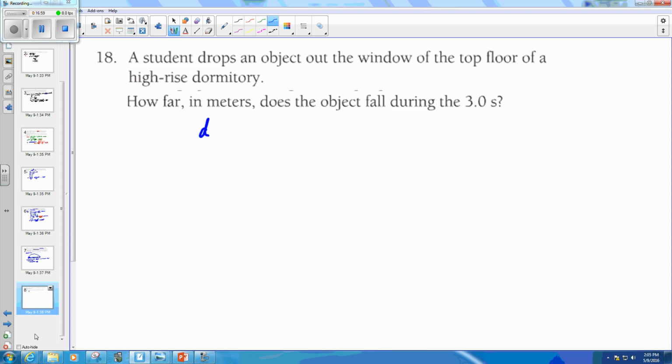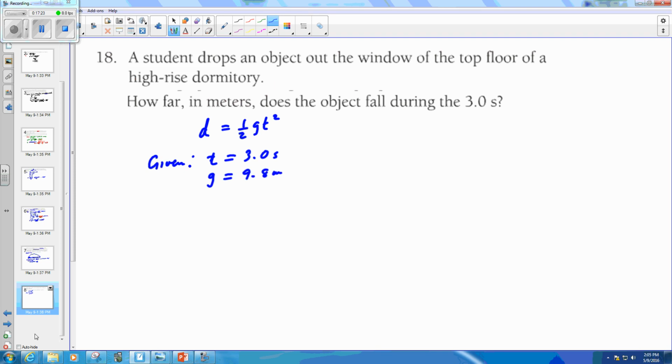So let's start with what is given. So given is time, and this is equal to 3.0 seconds. It doesn't look like much, but it's because I know what g is. g is always 9.8 meters per second squared. So I can find my d.